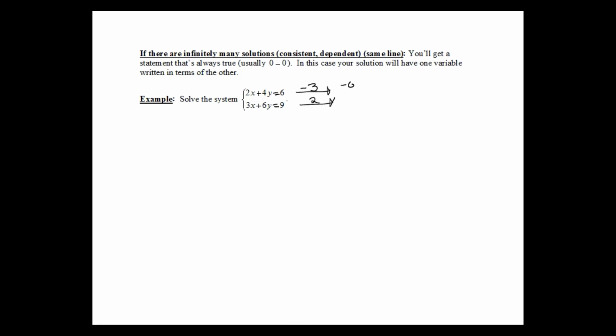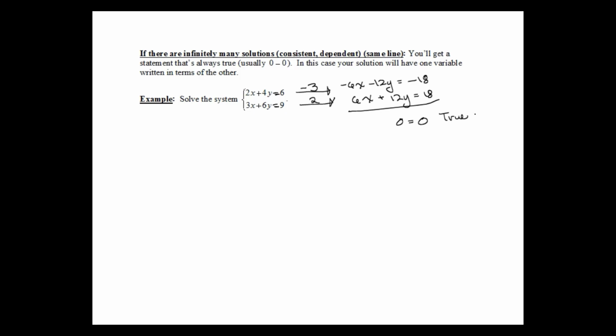That's going to give me -6x, -12y equals -18, and 6x plus 12y equals 18. Now when we add these, we get 0 equals 0, which is a true statement.